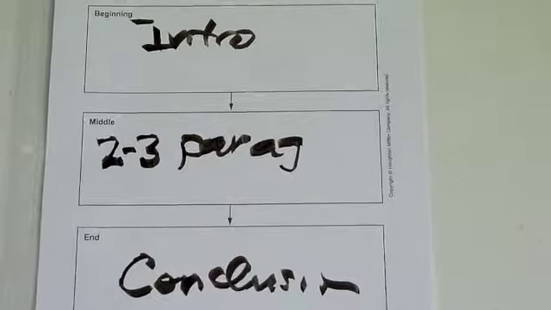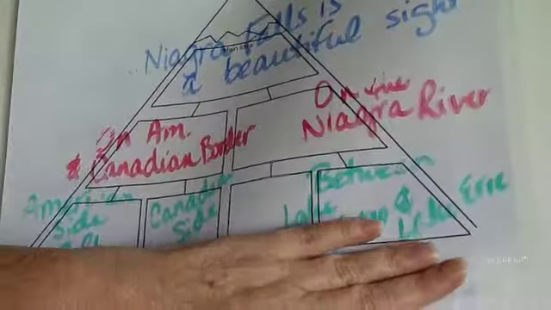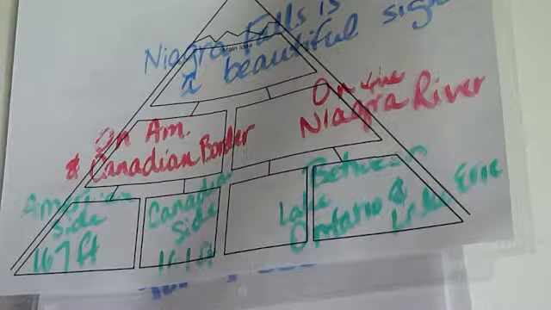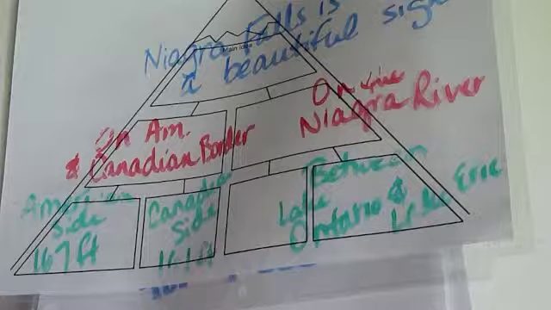The beginning, the middle, and the end. So this week you'll see some of these as different options to view and use. And you'll have them throughout the year, and you can pull it out and say, oh, I want to use that to help me get started on my writing.